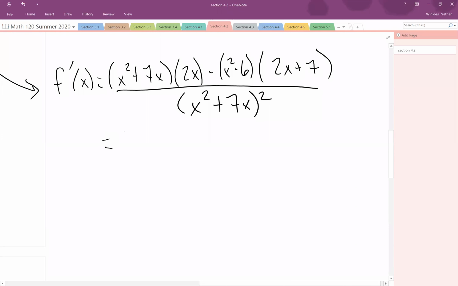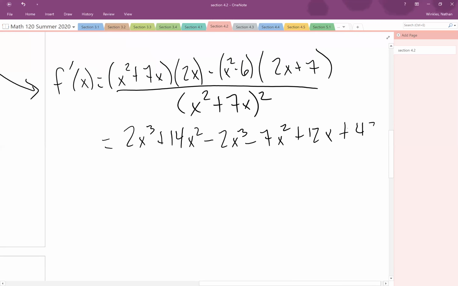If we simplify this, we get 2x cubed plus 14x squared minus 2x to the third minus 7x squared plus 12x plus 42, all over x squared plus 7x all squared.